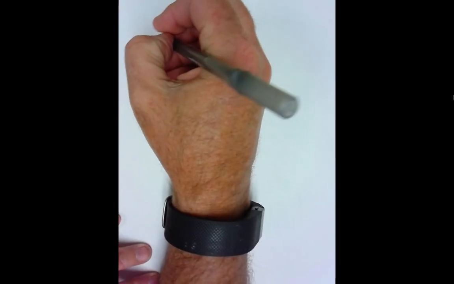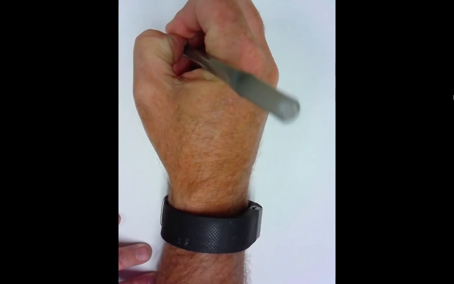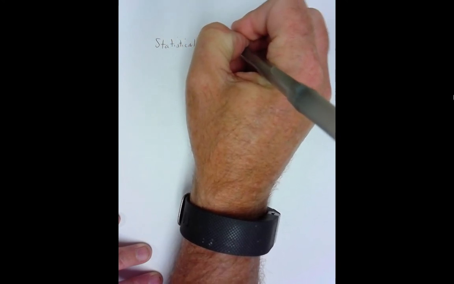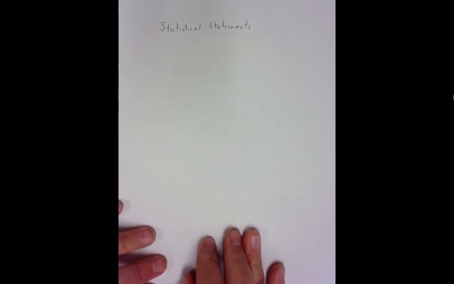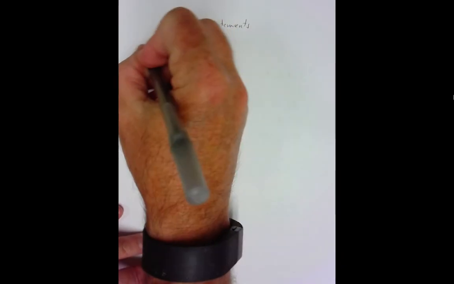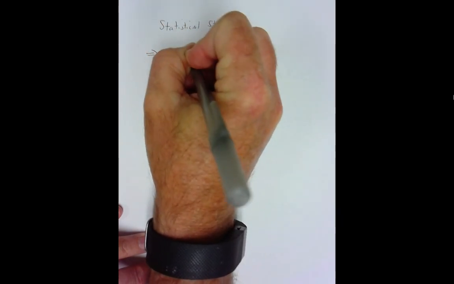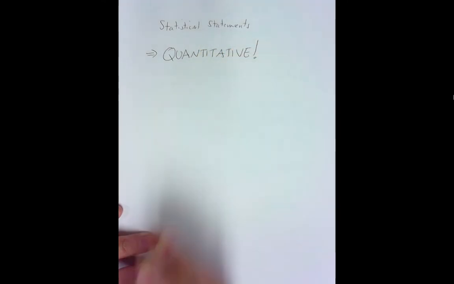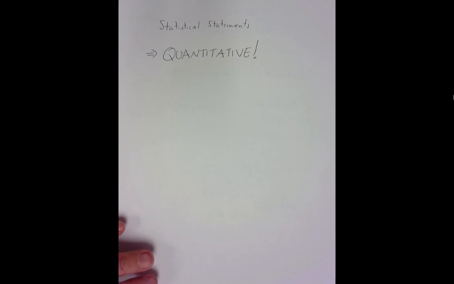So, guys, what we want to be able to do is make statistical statements that emphasize two important characteristics of a data set. Now guys, our focus right now is on quantitative variables, where we're given numbers, where we're given measurements.